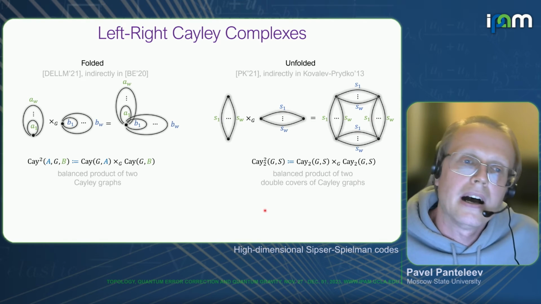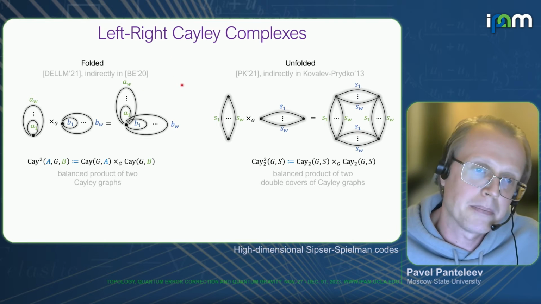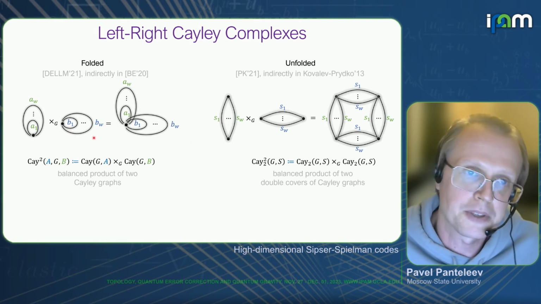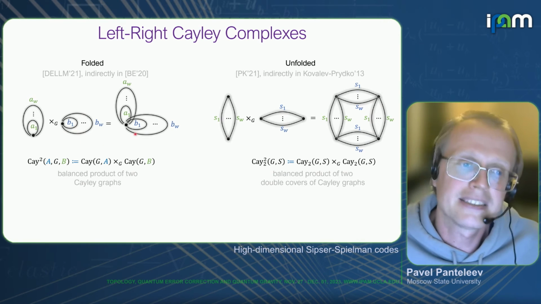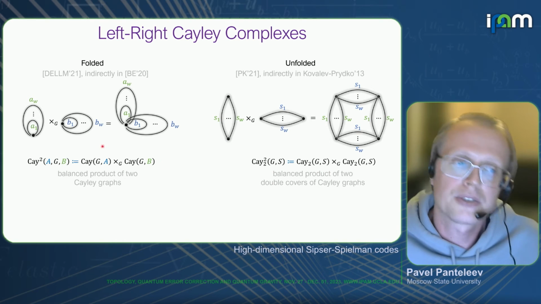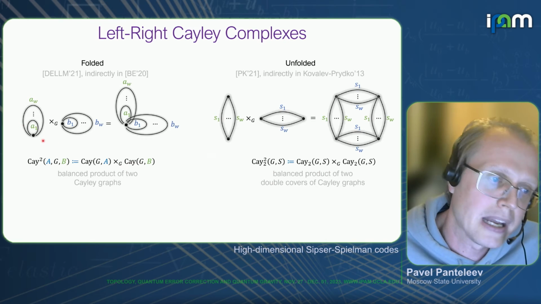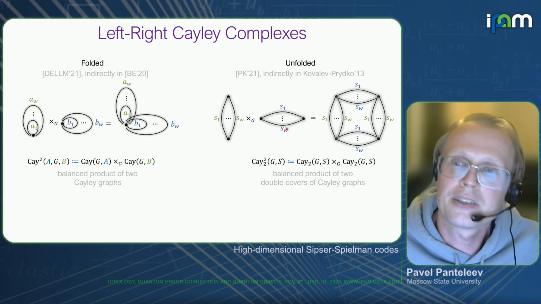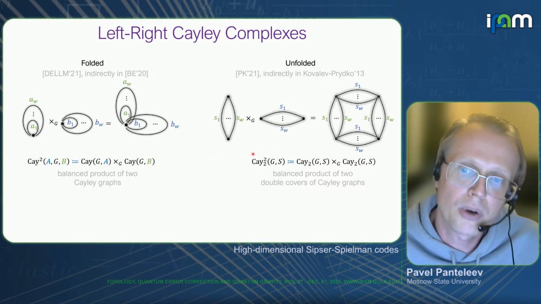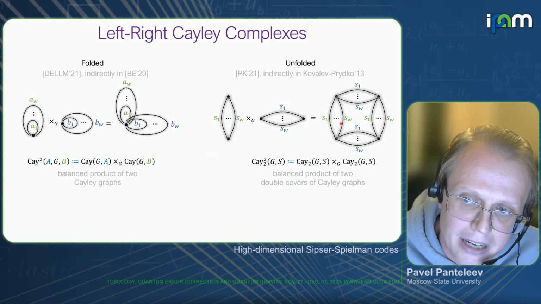Okay. And now we are ready to describe this left-right Cayley complex. I should warn you that in the literature you can find two types of left-right Cayley complexes, and they are slightly different, but the difference is not that big. The first type is a balanced product of two Cayley graphs. And the second one, the one that appeared implicitly in the work of Kovalev and Pryadko, is a balanced product of two double covers of Cayley graphs.